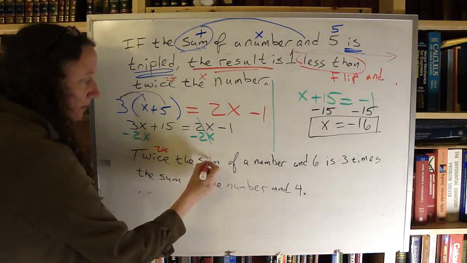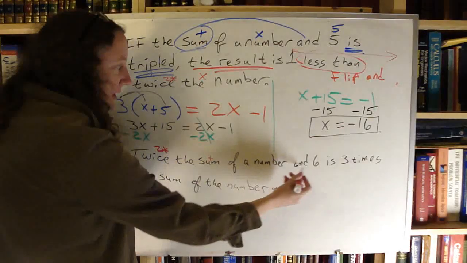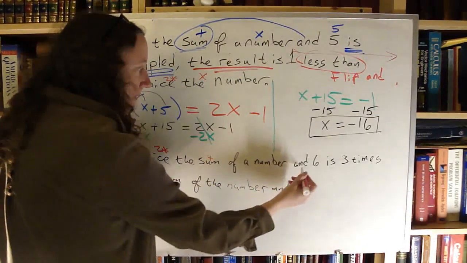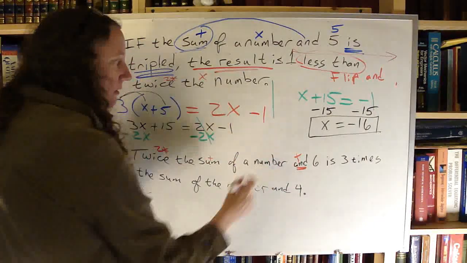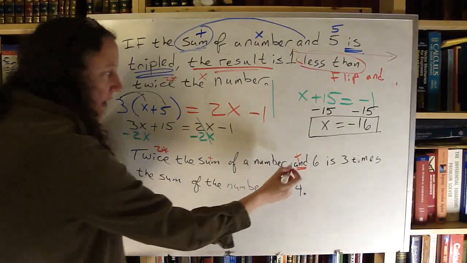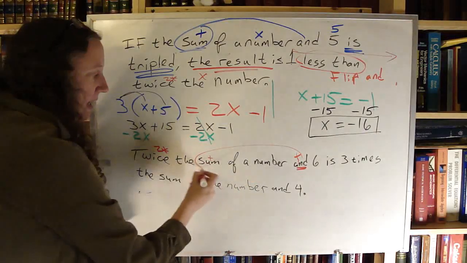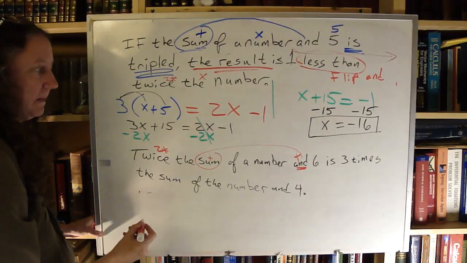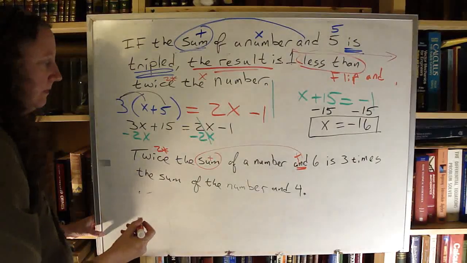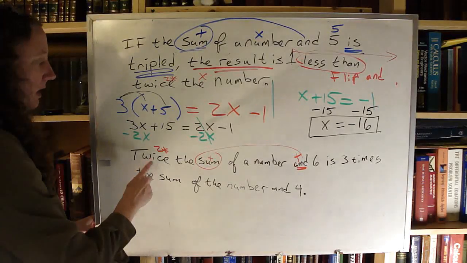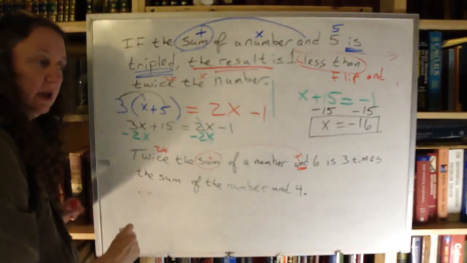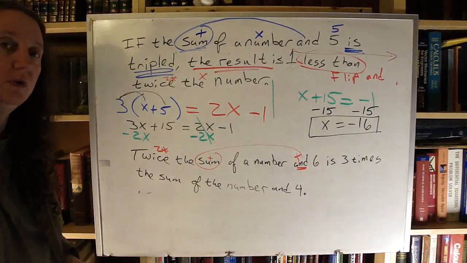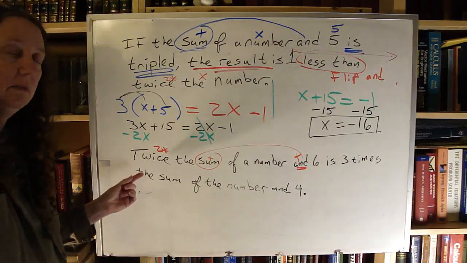So the word sum means plus, and I have to find an and in here to figure out where to put my plus sign. So that and is reaching back and grabbing the word sum. Another thing to take note of is I want twice the sum. That means I need to find the sum first and then multiply it by 2.